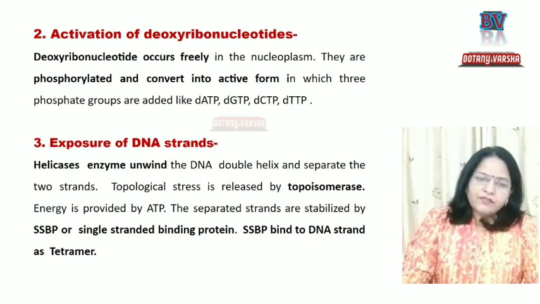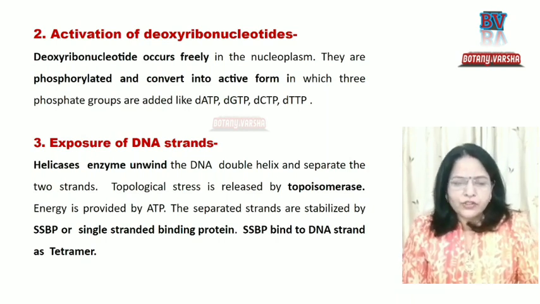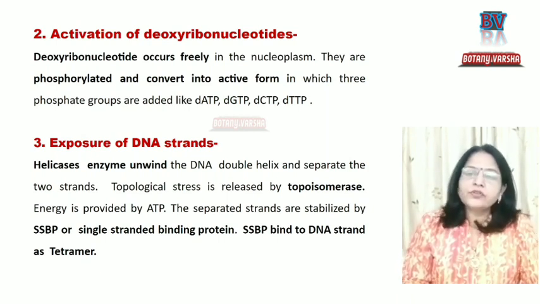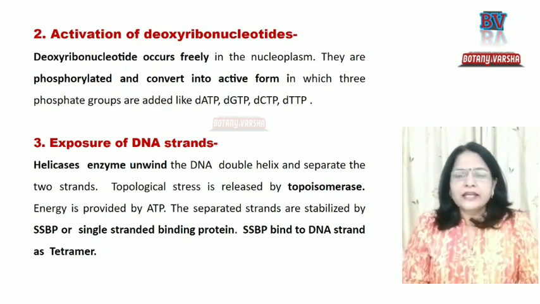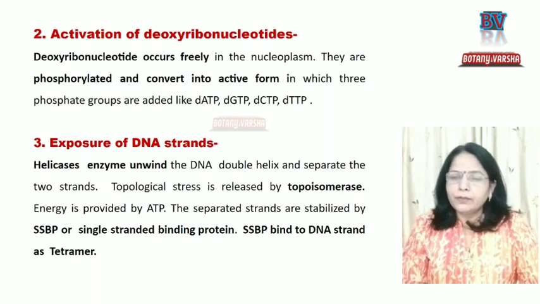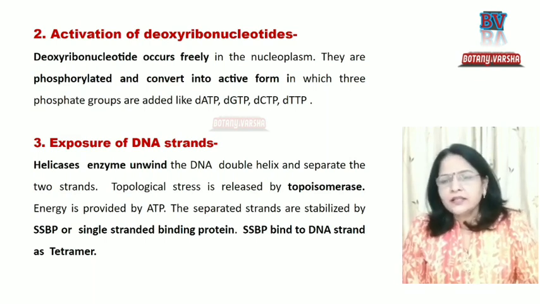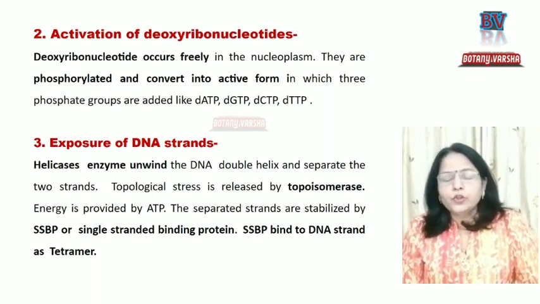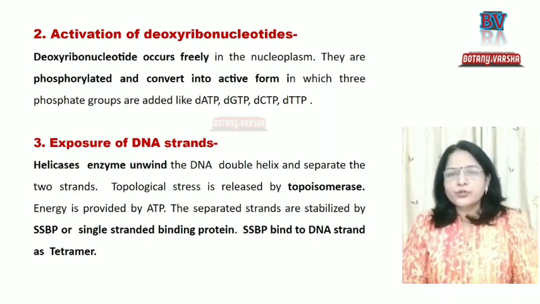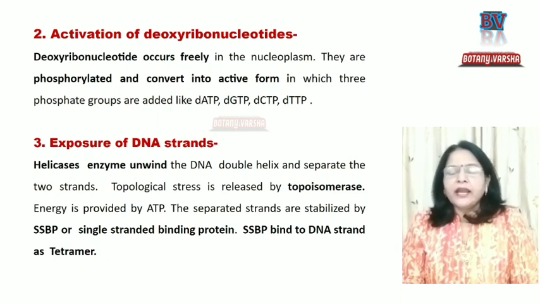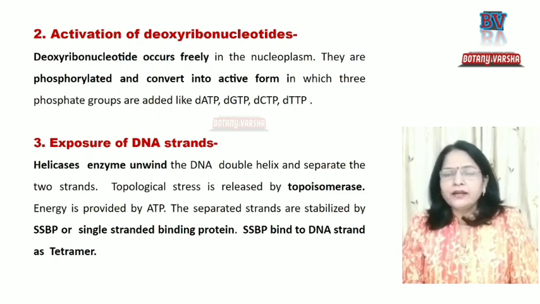So after activation of deoxyribonucleotides, exposure of DNA strands occurs, and the helicase enzyme unwinds the DNA double helical structure and separates the 2 strands. Topological stress is released by the topoisomerase enzyme, and energy is provided by ATP.